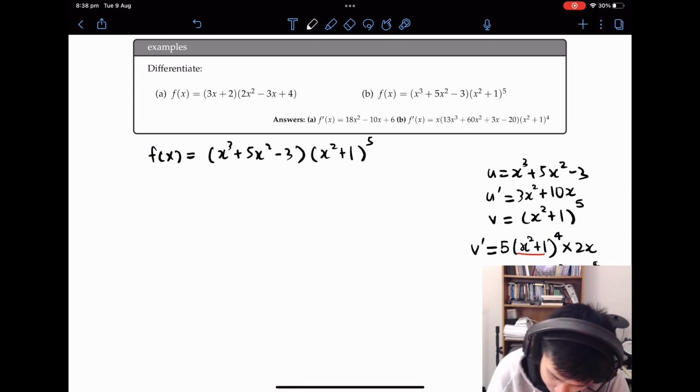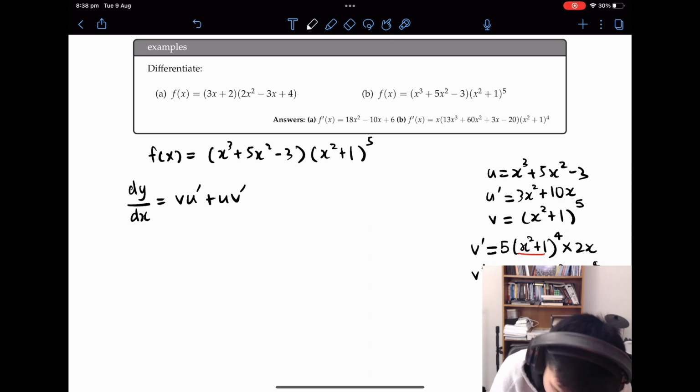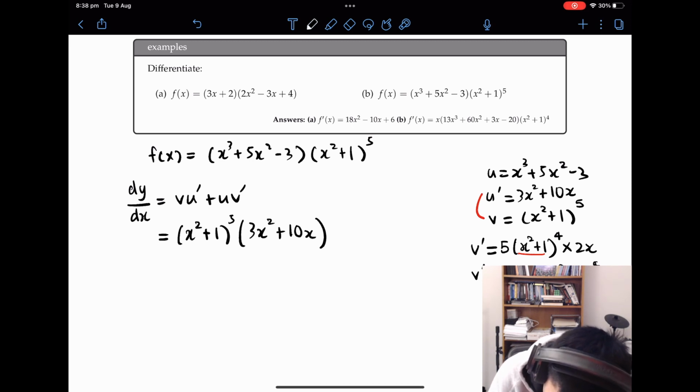Okay. Now let's actually substitute this into our product rule, right? So u'v + uv', again, with the dashes on the second letter. And let's write down our first pair, which is u dash v, right? So we will get (x squared plus 1) to the power of 5 times 3x squared plus 10x, plus, and then our outer two factors, so these two.